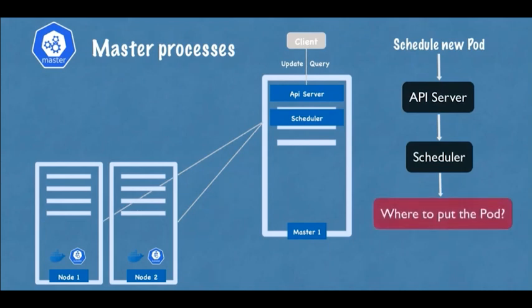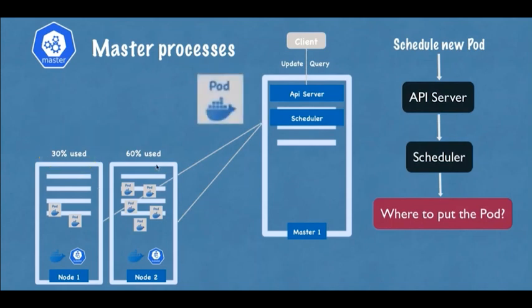First it looks at your request and sees how much resources the application you want to schedule will need, how much CPU and how much RAM. Then it goes through the worker nodes and sees the available resources. If it sees that one node is the least busy and has the most resources available, it will schedule the new pod on that node.